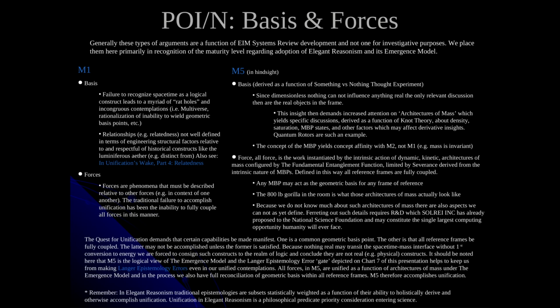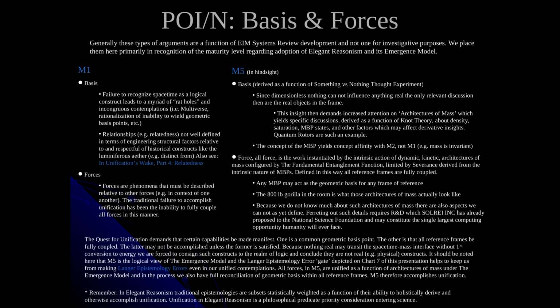So in our investigation here, we're talking about paradigms of interest or of nature, and that's what POI/N stands for. In this particular case, we want to talk about basis and forces in context of unification and between M1 and M5.